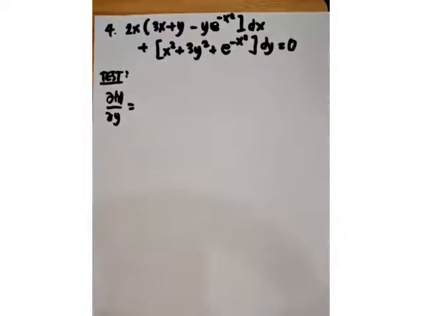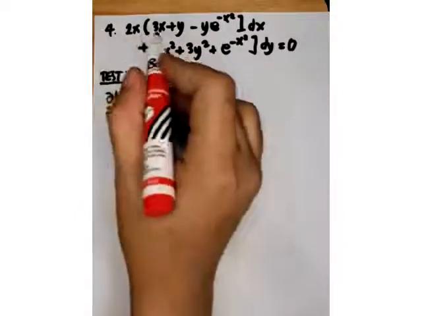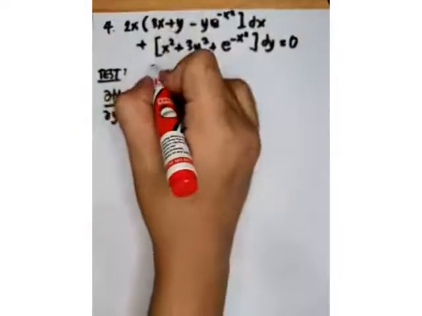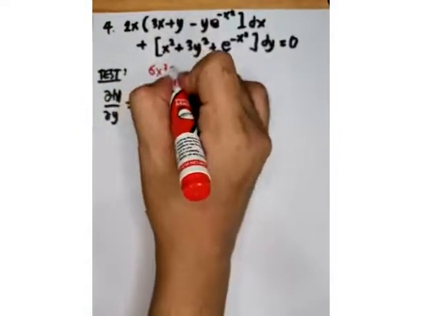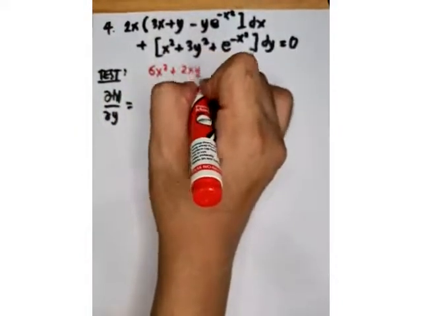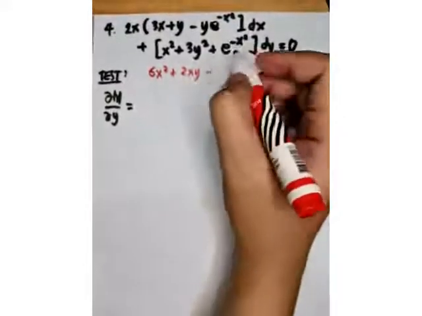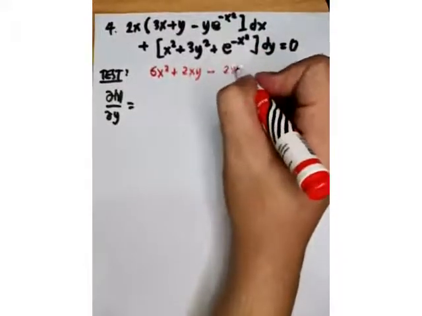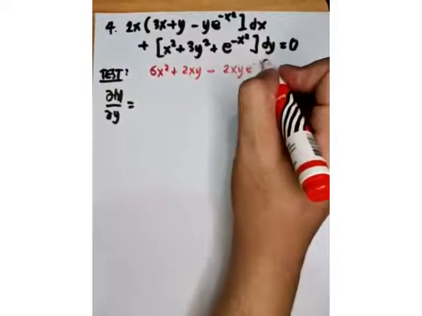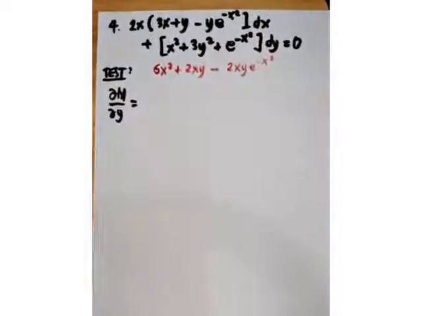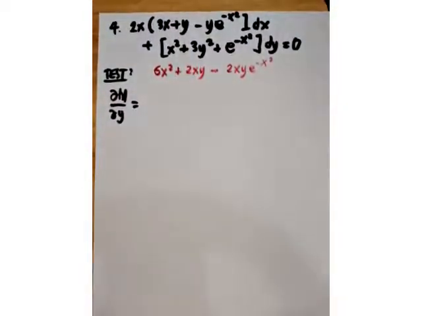So, i-multiply ko muna siya. So, that will be 6x squared plus 2xy minus 2xy e raised to negative x squared. Okay, so this is our m.